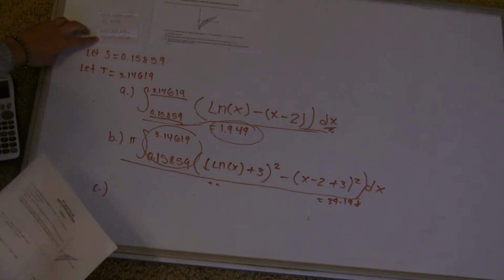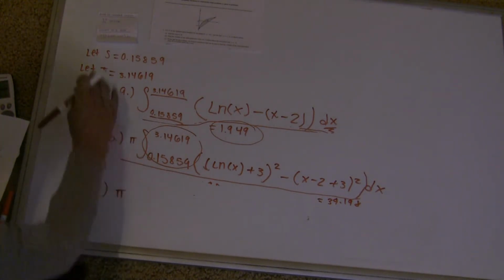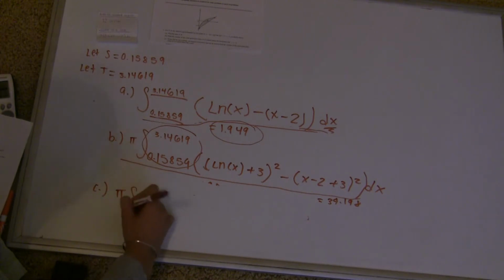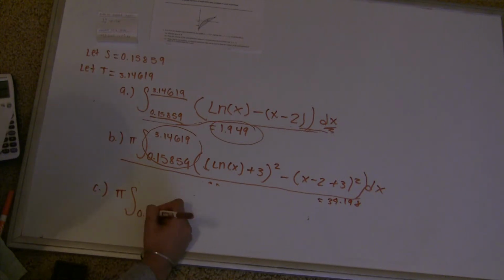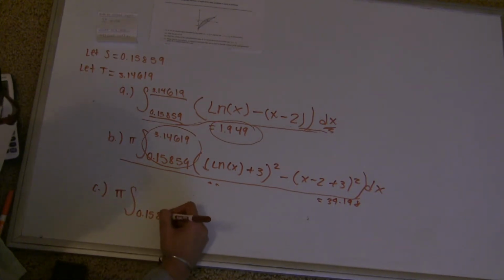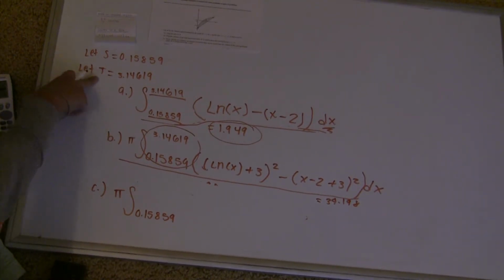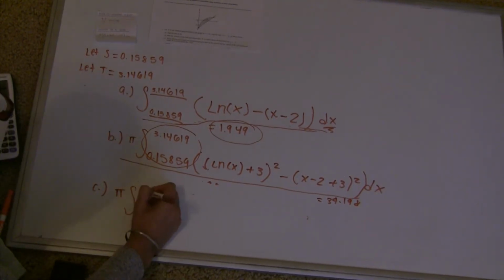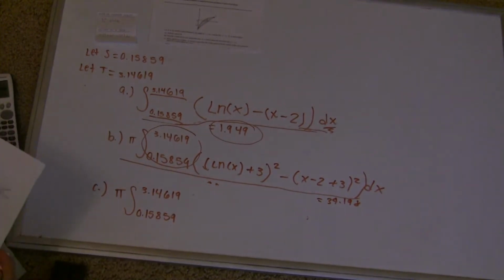Again, we're going to be using this volume formula. It's going to be pi times the integral from A to B. A in this case is S, which is 0.15859, and B is T, which is 3.14619.